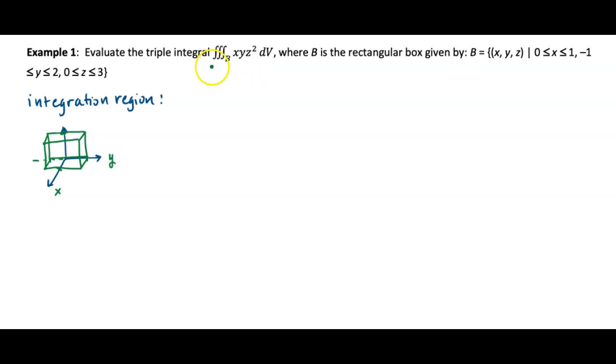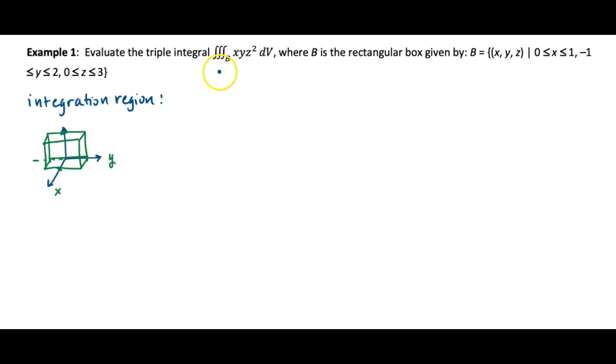So this is my integration region. We can immediately set up this triple integral because we know our integration region is going to form the bounds of the integration. Now the question is, does it matter what order we write these in? Should our bounds be dx dy dz, dz dy dx, and so on? Well, in this case it doesn't really matter.